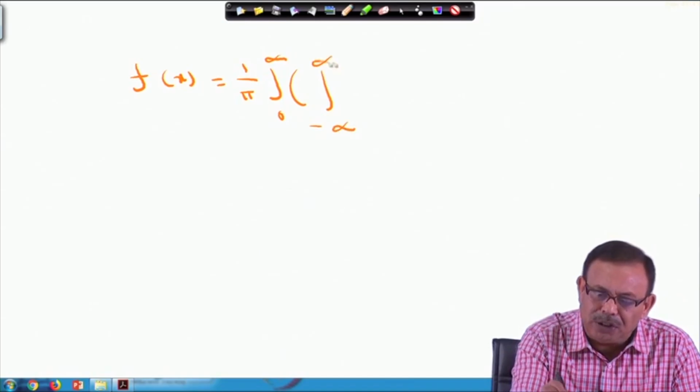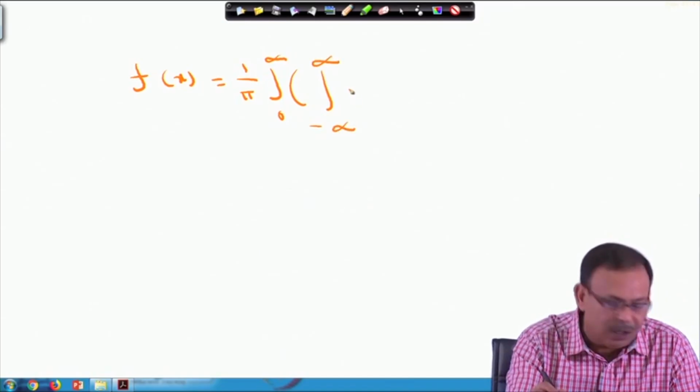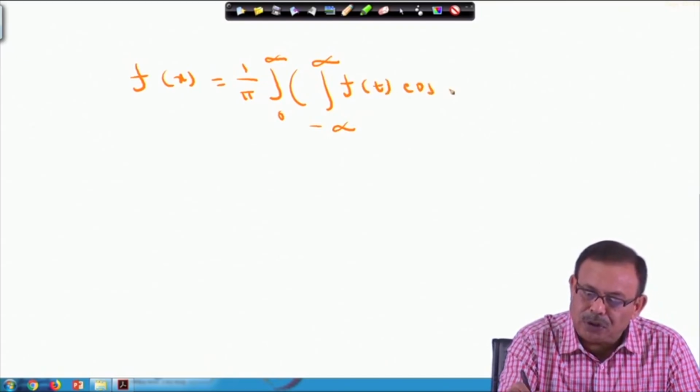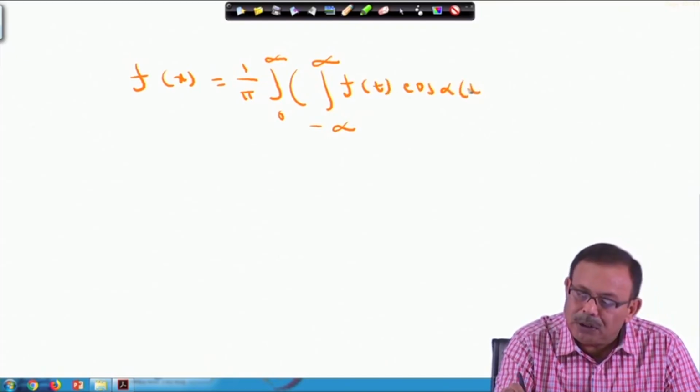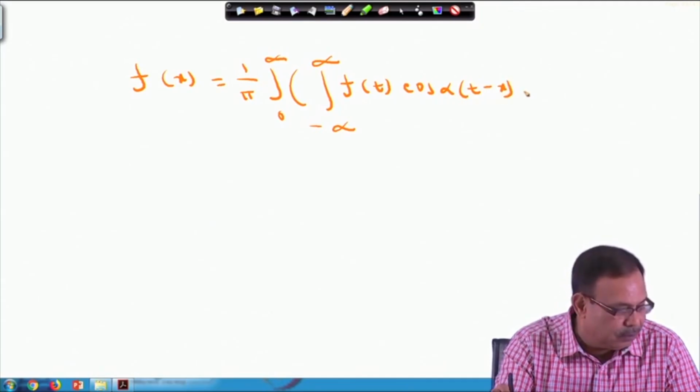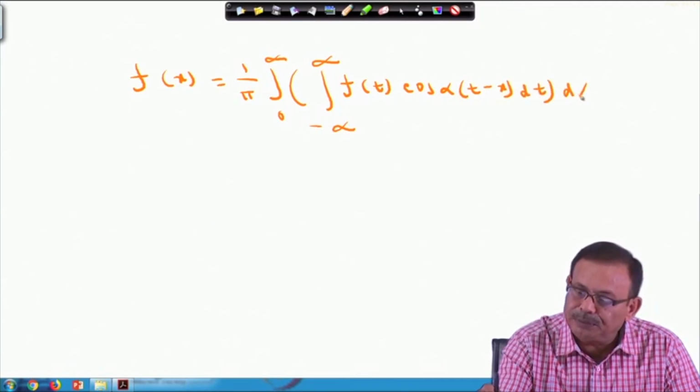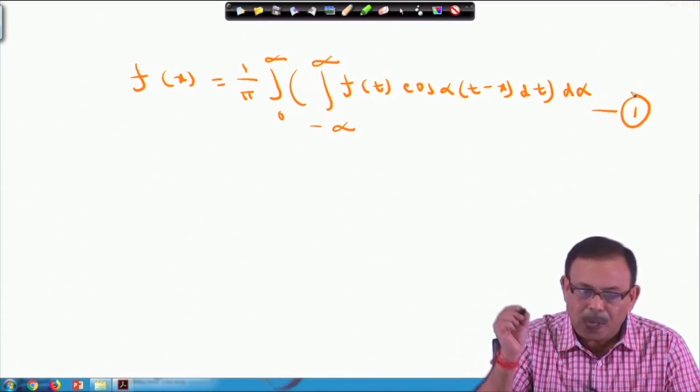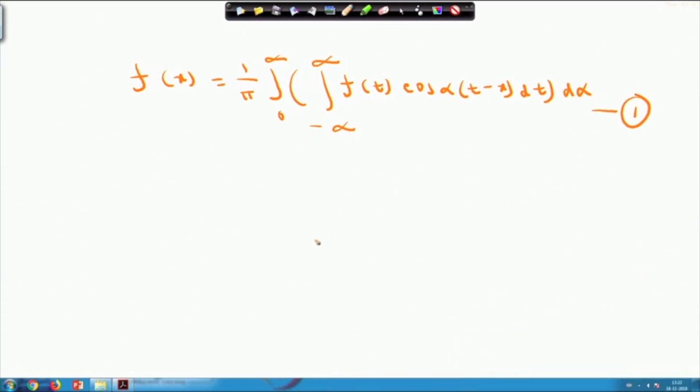Earlier it was 0 to infinity for the inner integral, now it becomes minus infinity to infinity, f(t) into cos of alpha into (t minus x) dt d alpha.